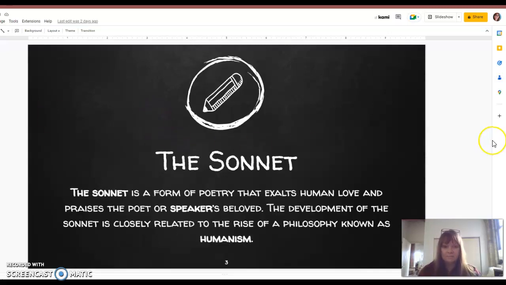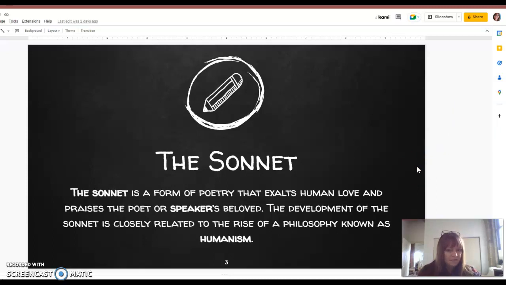All right, so the sonnet is a form of poetry. It is poetry that exalts human love and praises the poet or speaker's beloved. So the poet is not always the speaker, but typically, there are exceptions, the subject of a sonnet is praises for a beloved that the poet is writing about or the speaker is discussing in the sonnet, in the poem.